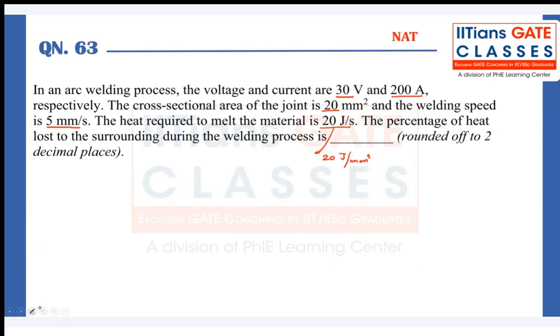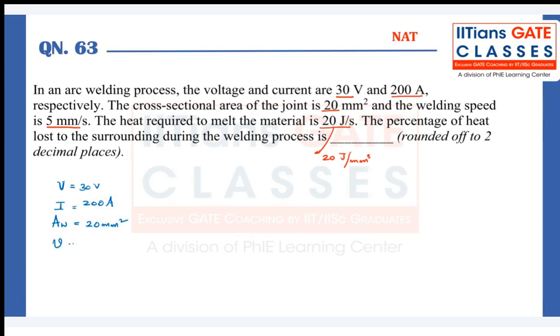Now, first, let me write the given data, guys. What is the given data? Welding voltage V is equal to 30 volts. Current I is equal to 200 amperes. Welding area AW is 20 mm square.